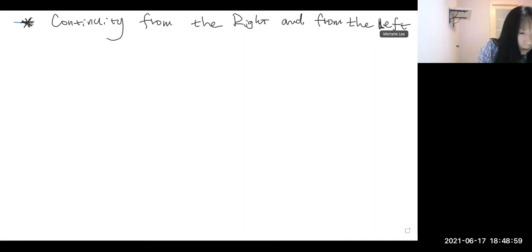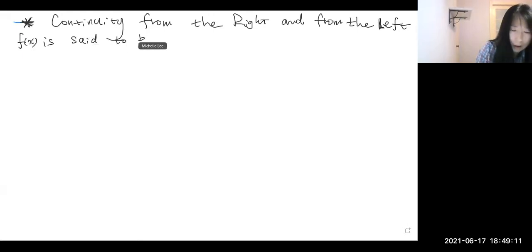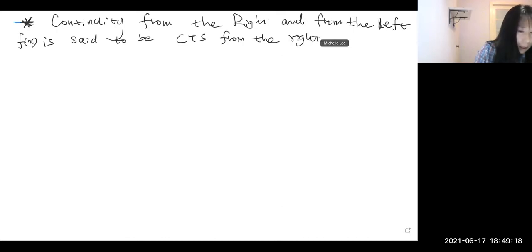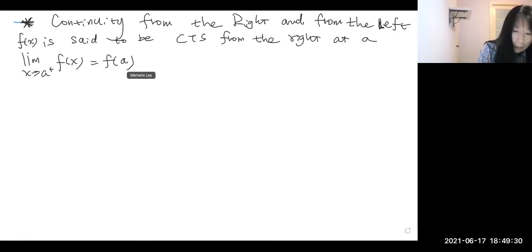The function f(x) is set to be continuous from the right at a if the limit as x approaches a from the right of f(x) equals f(a). Okay, this is the first one.